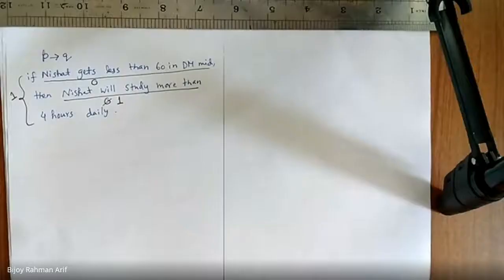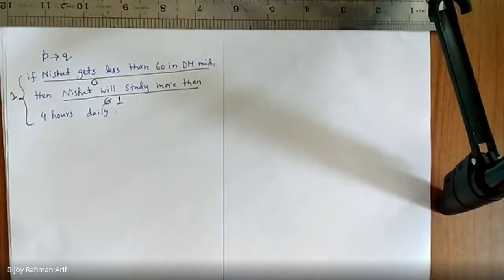The people who say determination is breaking, how can you explain why it is breaking? Sir, basically Nishad's intention was: if she gets less than 60, then she'll study more than 4 hours daily, or else she will not. Why did you get "or else"? The problem is the way you are taking implies.